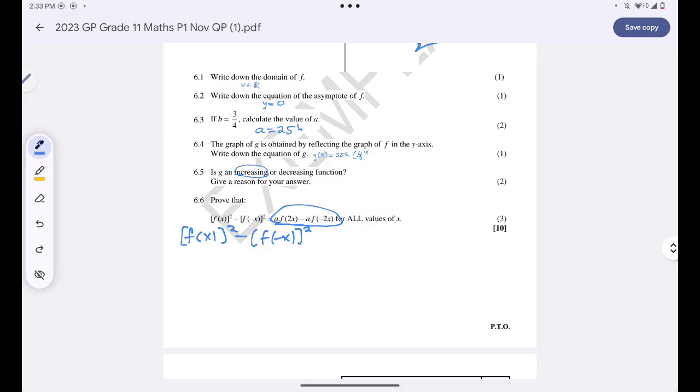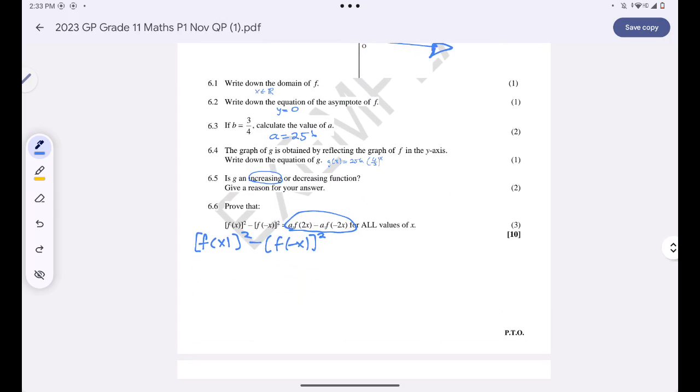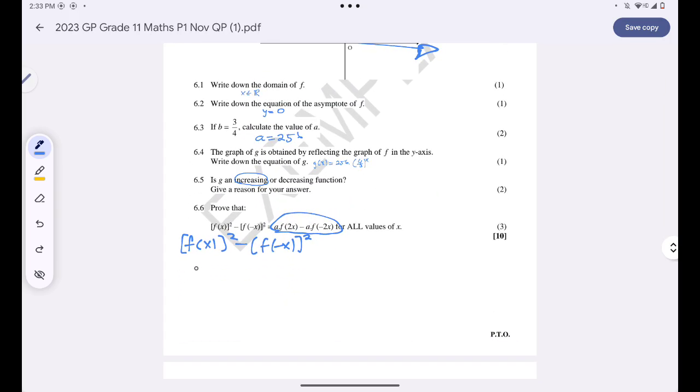Remember that our f of x was equal to a multiplied by b to the x, all squared, minus, that means here I'll simply have a multiplied by b to the power negative x, squared. Okay, this is equal to a squared multiplied by b to the power 2x minus a squared multiplied by b to the power negative 2x.